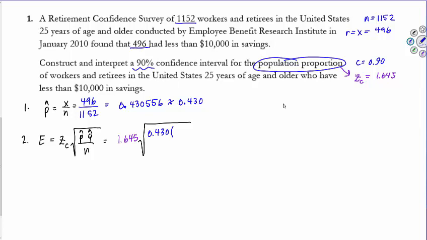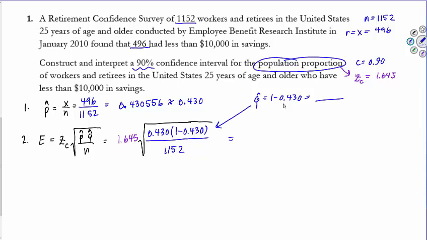Q hat is the complement of this, or 1 minus 0.430. This is a lazy way to just do it right there without making an extra calculation. We can do it right in the problem there, as long as you use parentheses properly and divide by the sample size, 1152. Alternatively, you can cook up q hat, 1 minus 0.430, and then plug that number in right here.